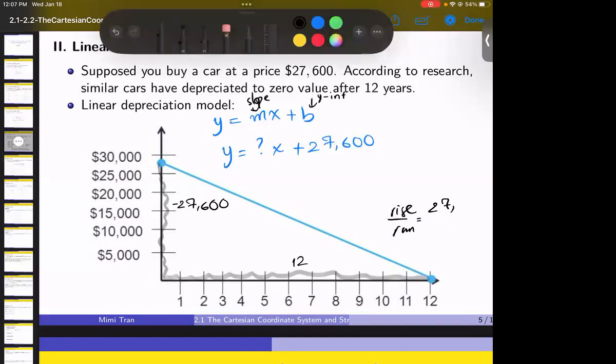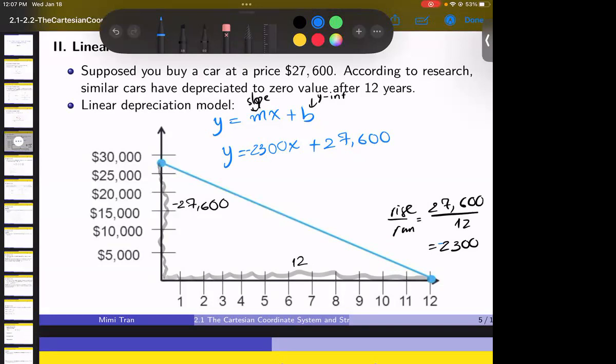Negative $27,600 divided by 12. 27,600 divided by 12 is 2,300. So my slope is negative 2,300. What does that mean? This is a slope, but in English, what does that negative 2,300 mean?